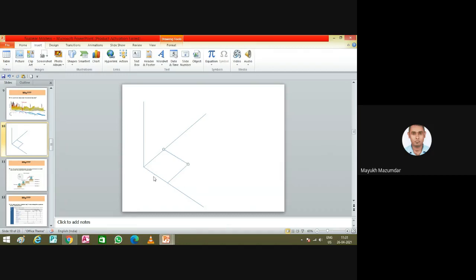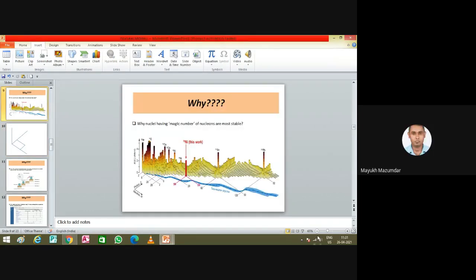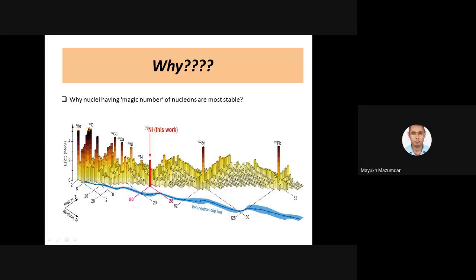This much is 4, this much is 2. Let me increase it a little bit. So this is 4, this is 2. Got it? Yes, sir. Fine. So that is why we are getting these rectangular shapes.